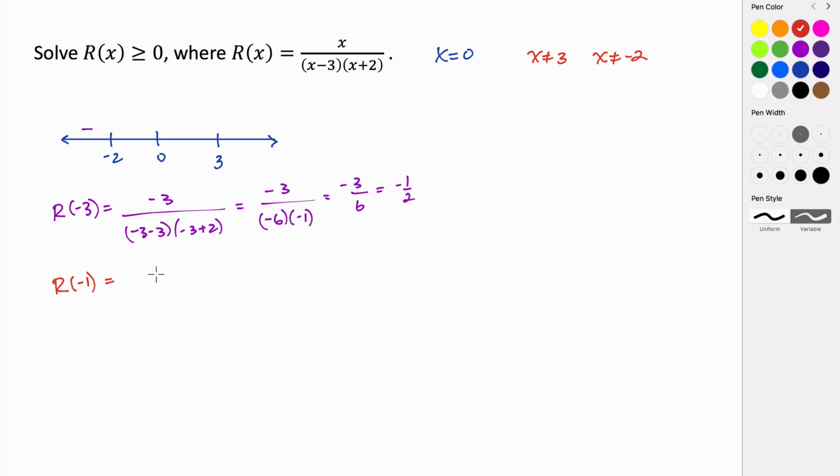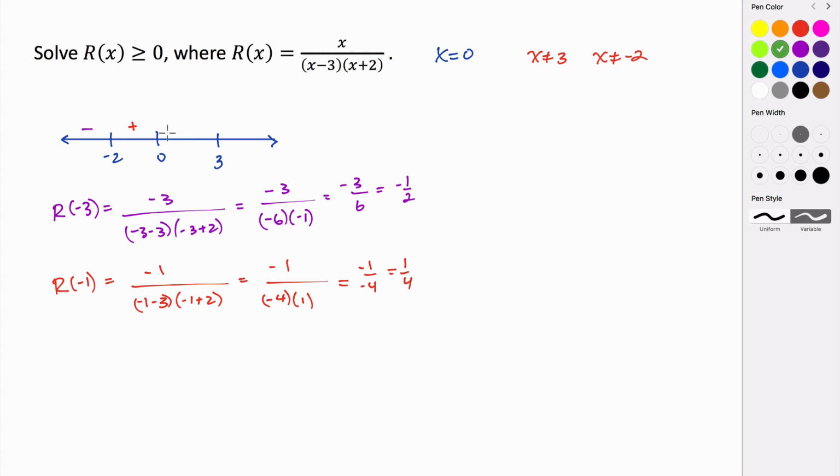If I plug negative 1 in, I get negative 1 divided by (negative 1 minus 3) times (negative 1 plus 2). In my numerator, it stays negative 1. Negative 1 minus 3 is negative 4, and this is going to be positive 1. So negative 4 times 1 is negative 4, and negative 1 over negative 4 is positive 1/4. So we're going to get a positive value in between negative 2 and 0.